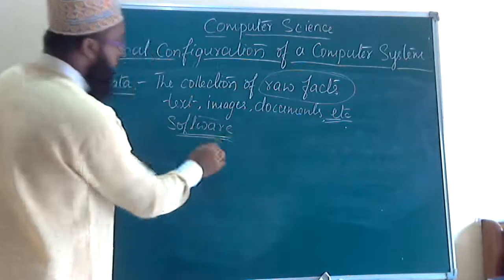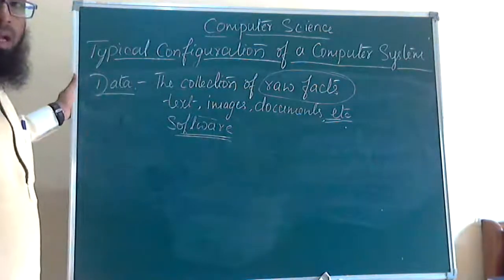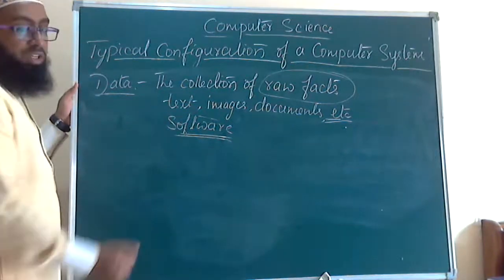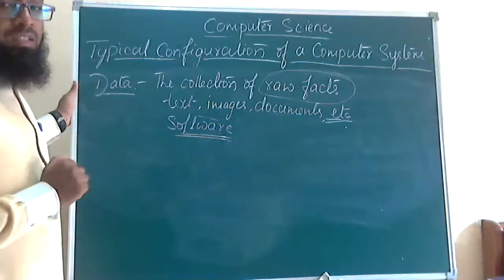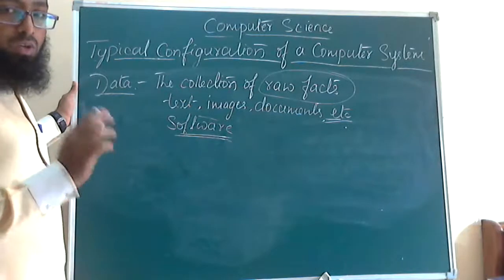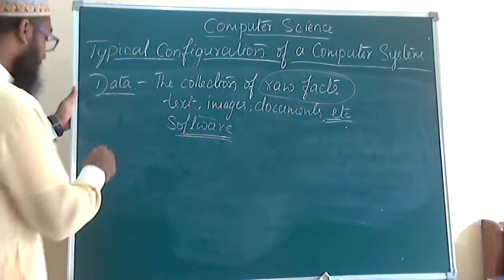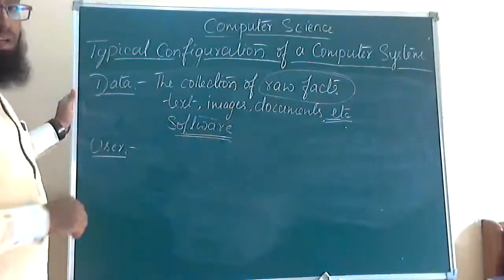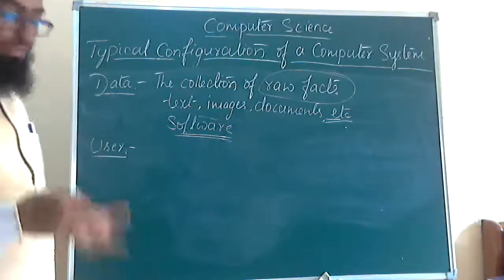We can take software as a part of data, because software is also stored inside the computer storage or the computer memory. Next comes the user. Who is the user? We are the users.